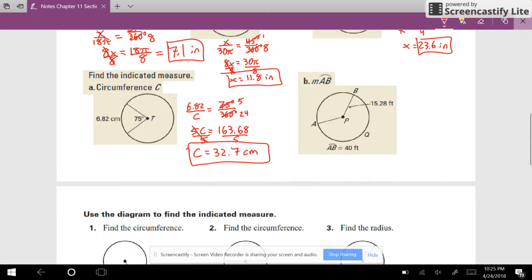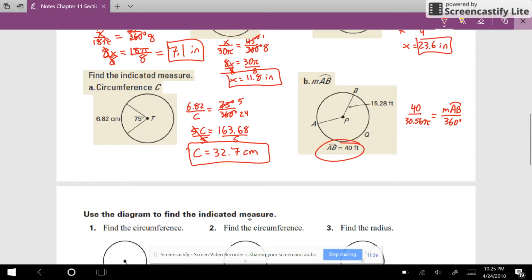And B, we're looking for the number of degrees. We know the length of the arc is 40 feet. Circumference, well, we'd have to double the radius, so it's 30.56 pi. Equals the degrees. We don't know the measure, that's what we're trying to find. Over the full circle, 360. We're going to cross multiply.